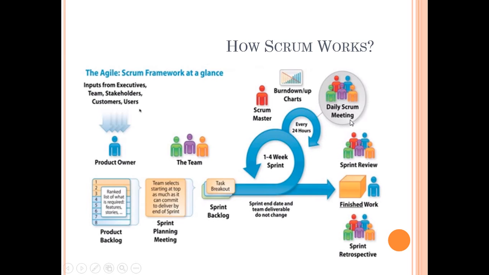Here the team discusses what they are working on, what they did, and whether there are any blockers or any other stuff. The important three questions discussed by each individual team member are what they did yesterday, what they're planning to do today, and whether there are any blockers or impediments.